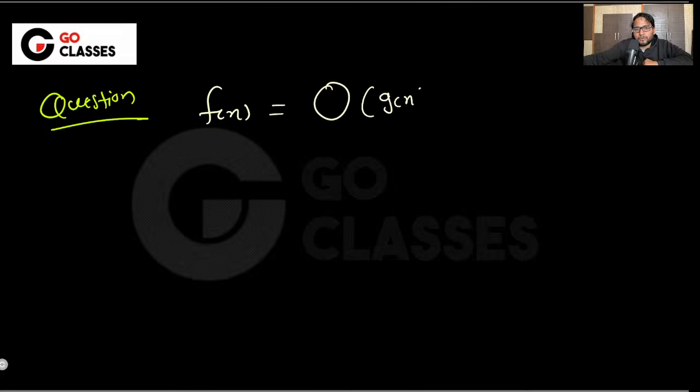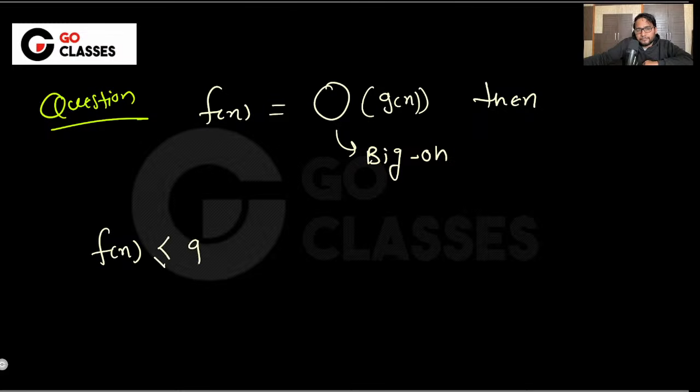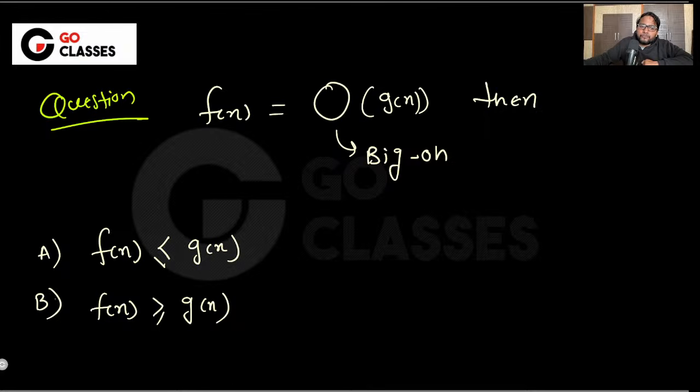Okay, this is big O. Suppose they say Fn equals big O of Gn, then can you say that Fn is less than or equal to Gn? Let's suppose A, and this is B, that Fn is greater than or equal to Gn. So which is true? What do you think?